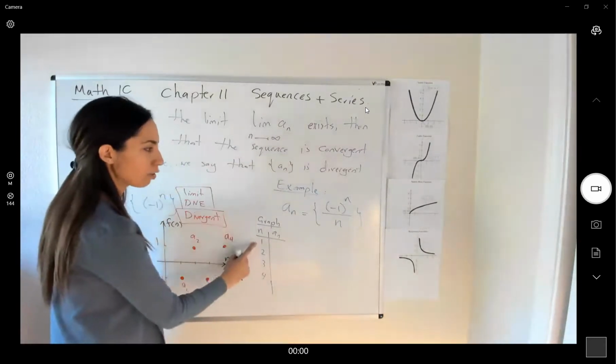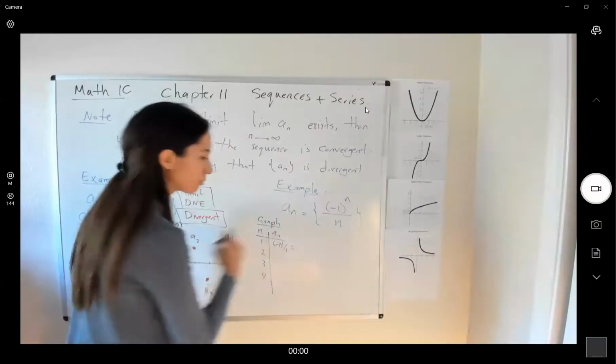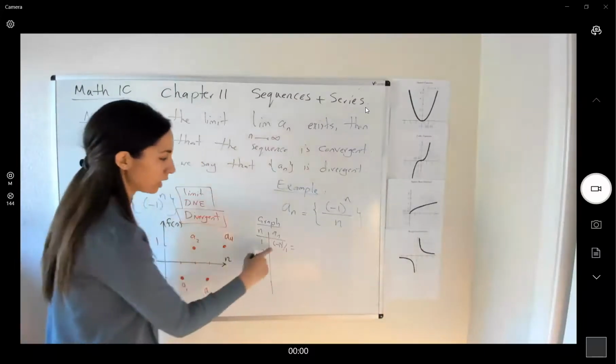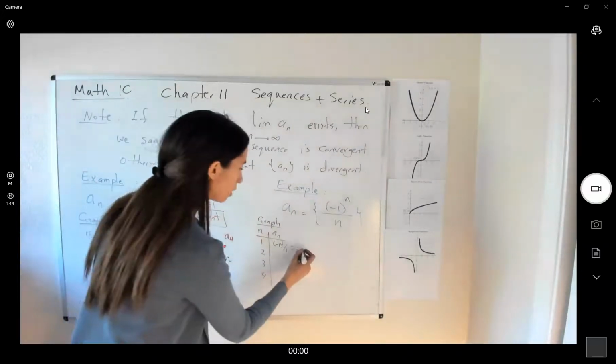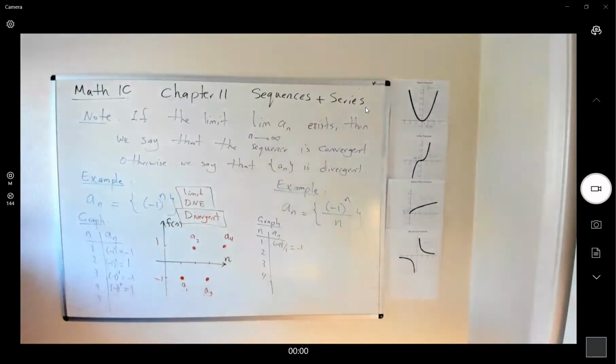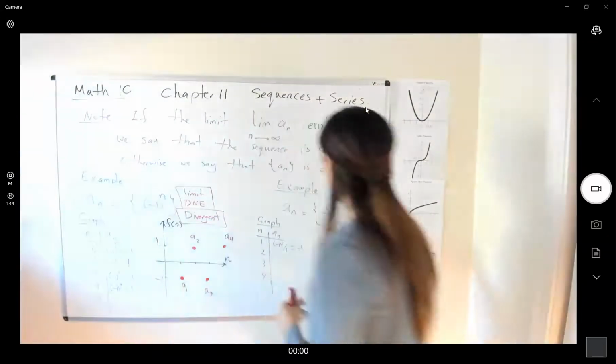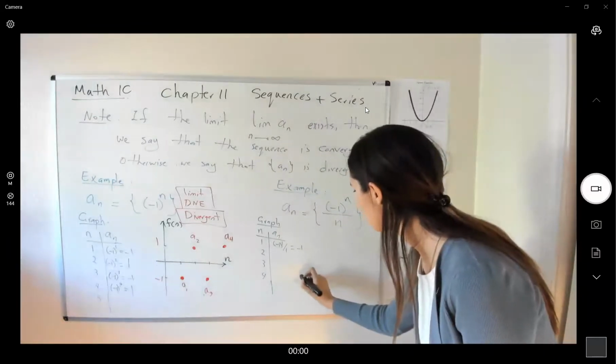If n is equal to 1, we get -1 raised to 1 divided by 1. -1 raised to 1 is -1, and -1 divided by 1 is -1. The first point on the graph of this function is 1 and -1. Very well. Let me graph this and see what's going on here.